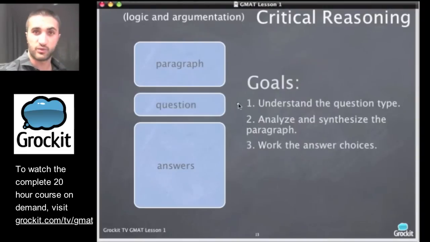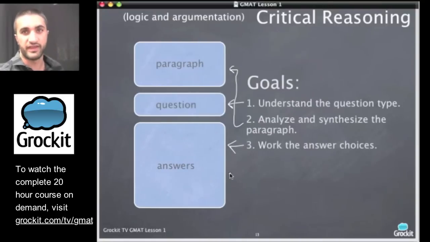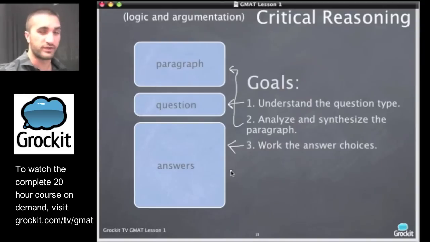The first thing we're always going to do is understand the question type. The second thing we're going to do is analyze and synthesize the paragraph. And the third thing we're going to do is work the answers. So these 3 steps on every critical reasoning question we ever see from now on are our rule.